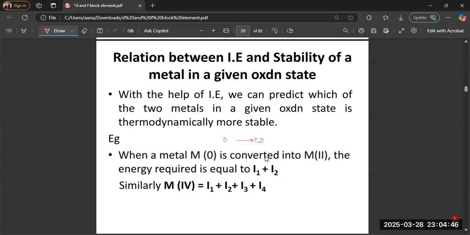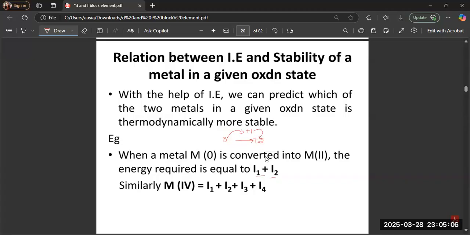The energy required is I1 plus I2. First it converts into the +1 oxidation state, then into the +2 oxidation state, so the energy required is I1 plus I2.